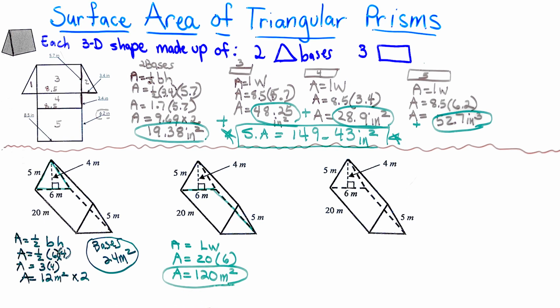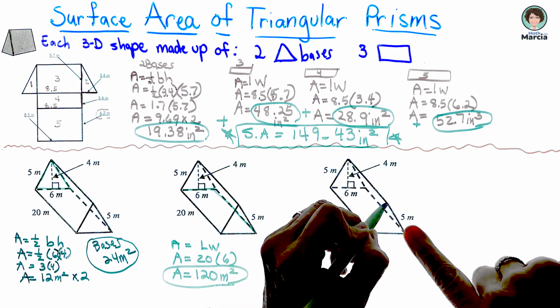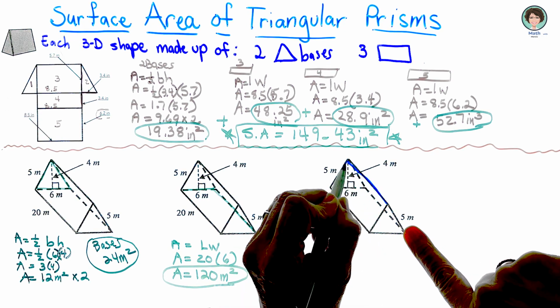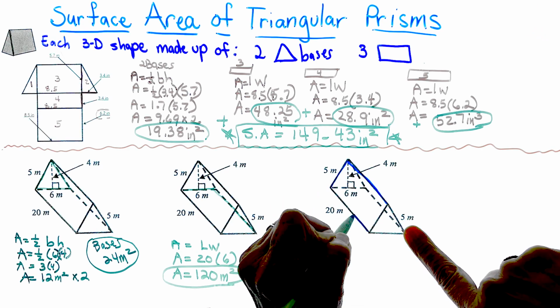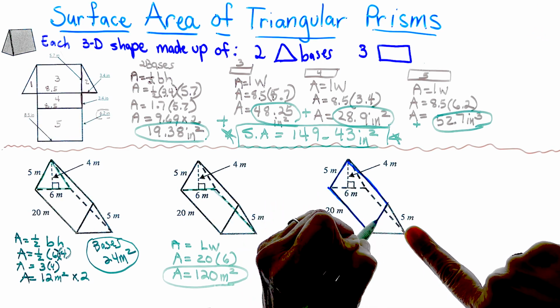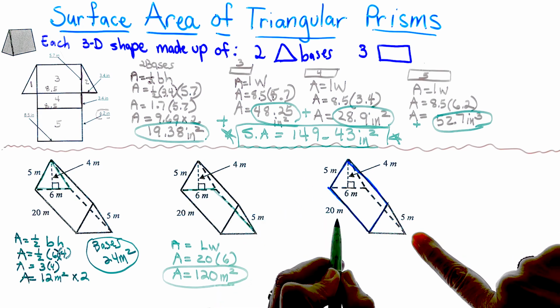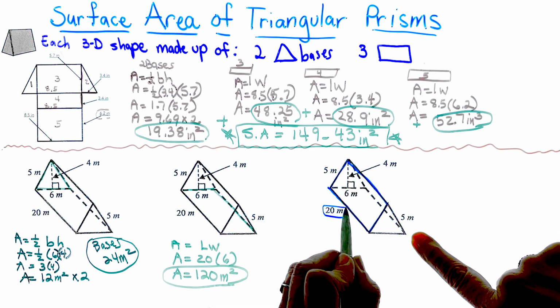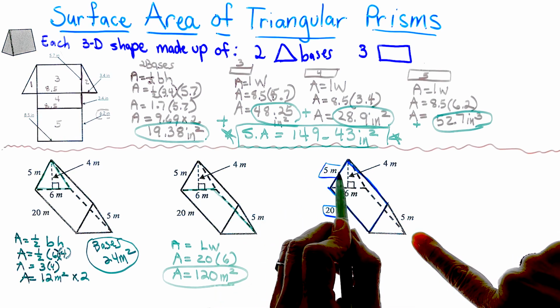Now this one is different than the other one because when we're looking at this, I see that I have a side right here of my triangular prism that reminds me of a tent. And the dimensions of that side is a 20 and a 5.